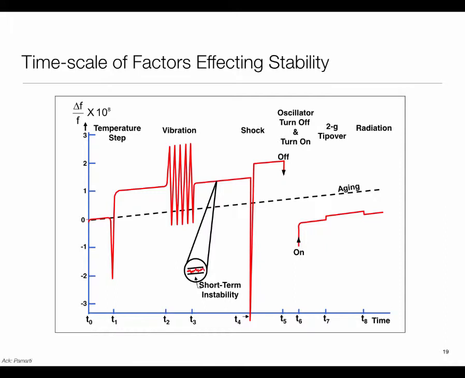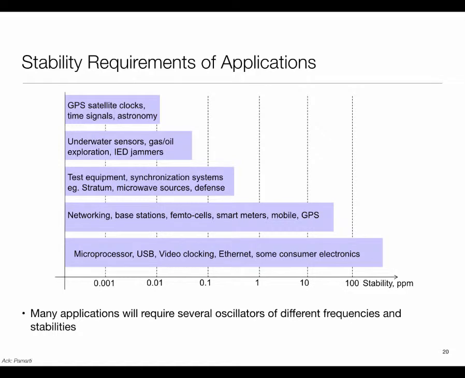So now the question is, are they good enough? And how good a clock do you need for different applications? If you look across the applications that you might encounter, what I've shown here is purely in terms of the stability dimension, what is needed typically.